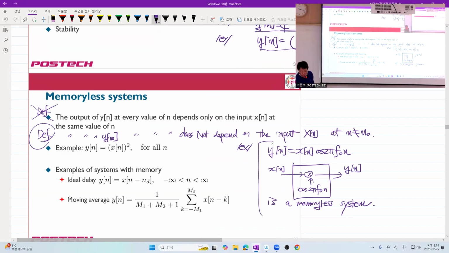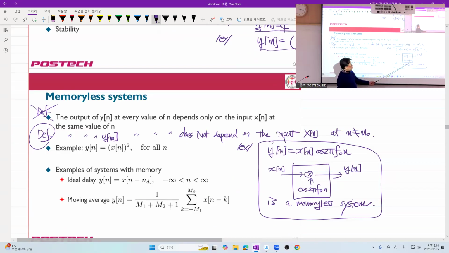So this one, similar to the previous one, here cosine 2 pi f0 n is multiplied to the input and the output is determined. This is definitely a memoryless system, right? And here, this is also memoryless. And what about moving average? Is moving average memoryless or not? In general, it's not memoryless.